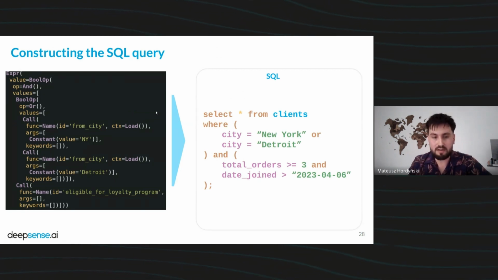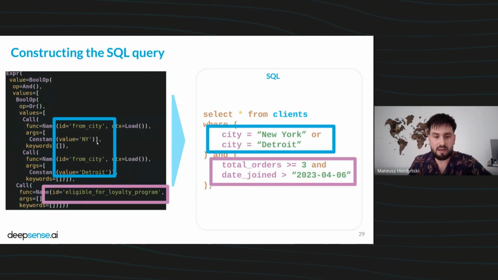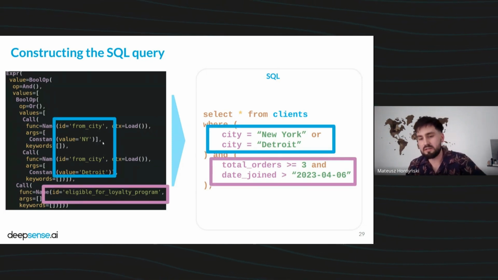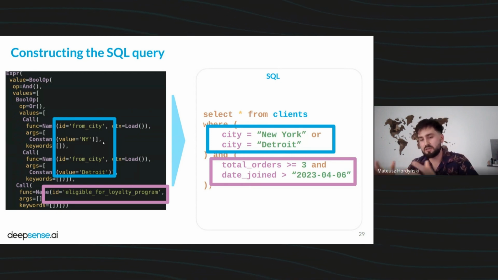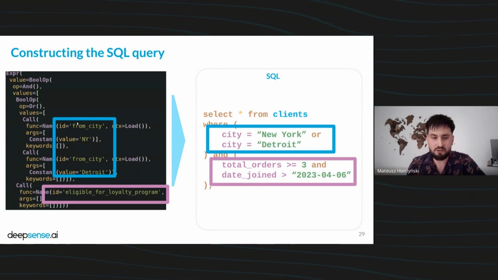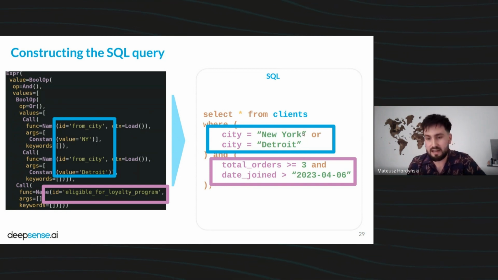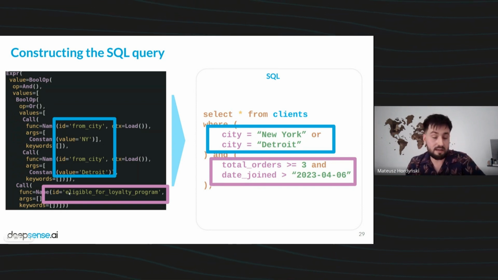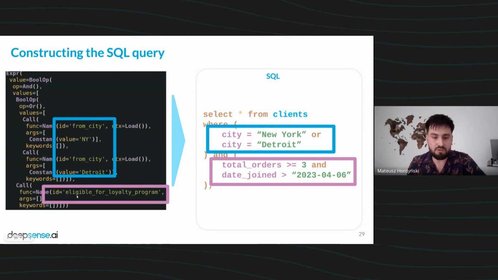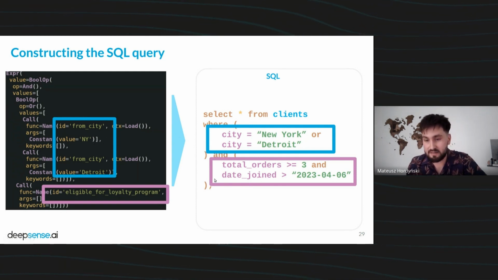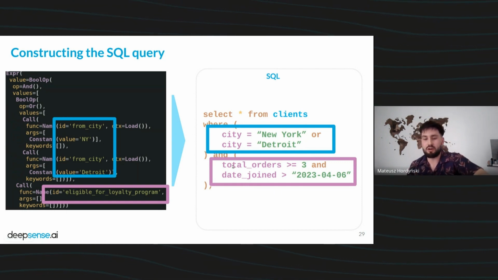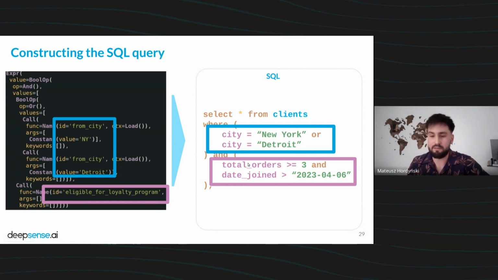And how does it work? Each component, so each function, has its own little chunk of the query. It controls this little chunk of the query. So here, the function from city with argument New York created that line, from city with argument Detroit created that line, and the last function, eligible for loyalty program, created these two lines, because actually the loyalty program means that you need to have more than 3 orders and you need to join to our client database.